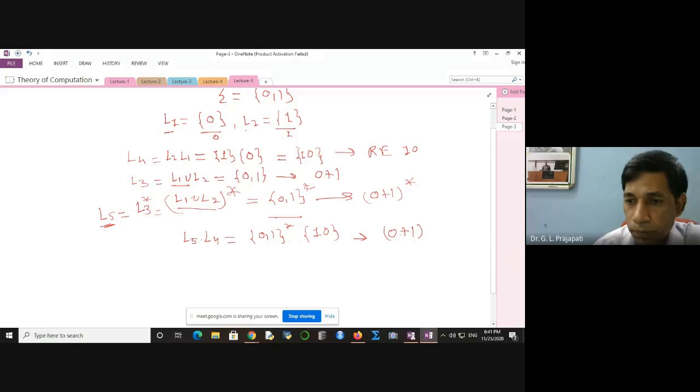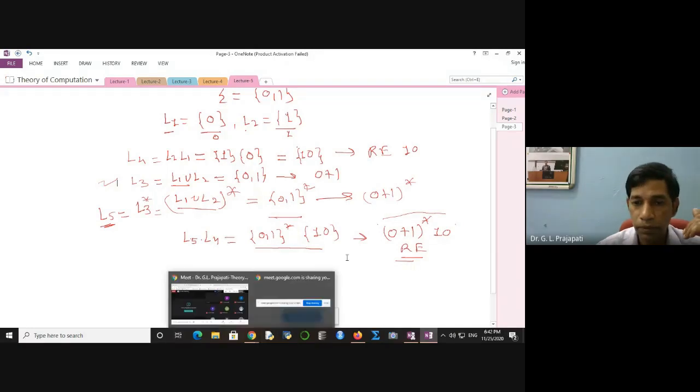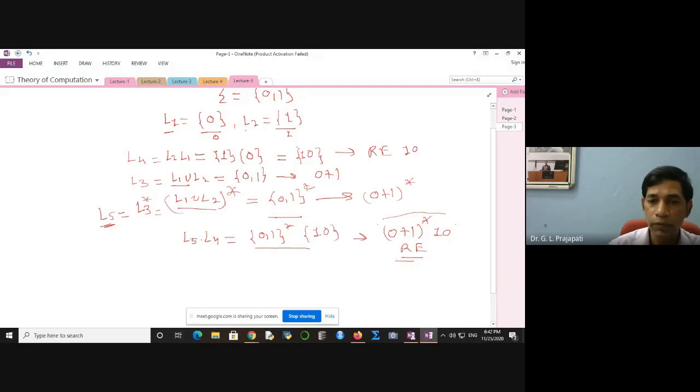So you have (0 plus 1) Kleene star, then you have 1 0. This is the simplest regular expression. Now you can use this regular expression and concat it with others, and you are going to obtain some complex regular language.